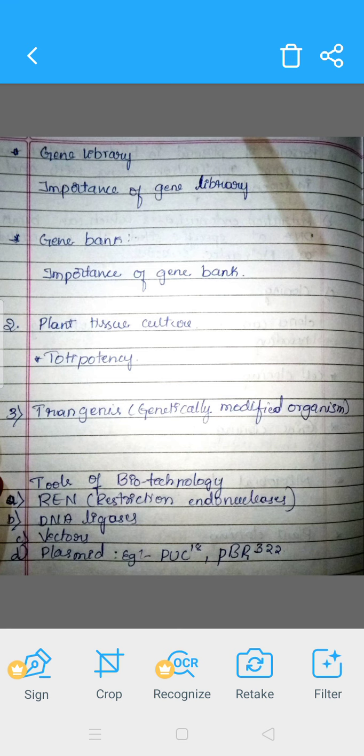It may be a plant, an animal, or microbes such as fungi, bacteria, and virus. Thus, transgenic plants or genetically modified organism plants are those plants which are developed by the techniques of genetic engineering.